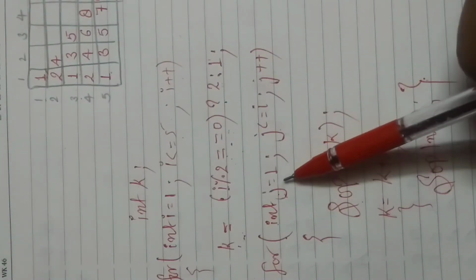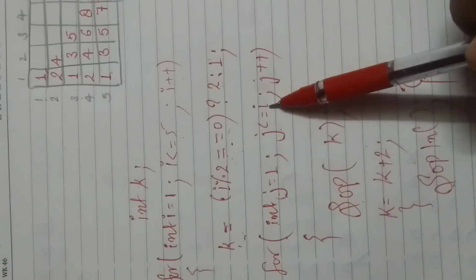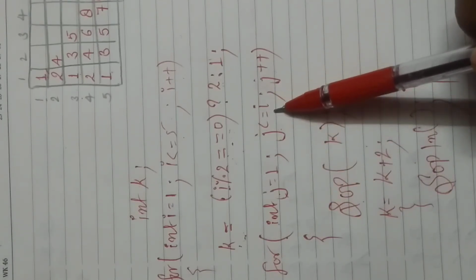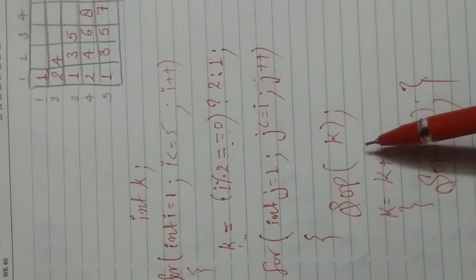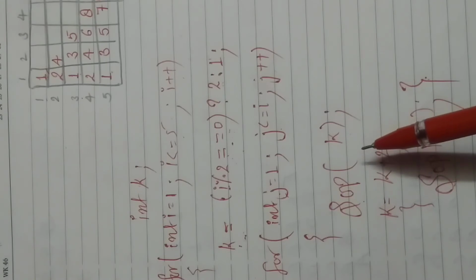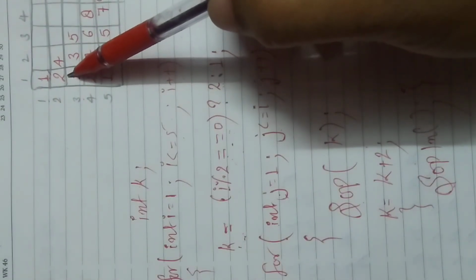After this, control comes here, J is equals to 1, J less than equals to I, the condition is true, and it prints the K value, which is 2.